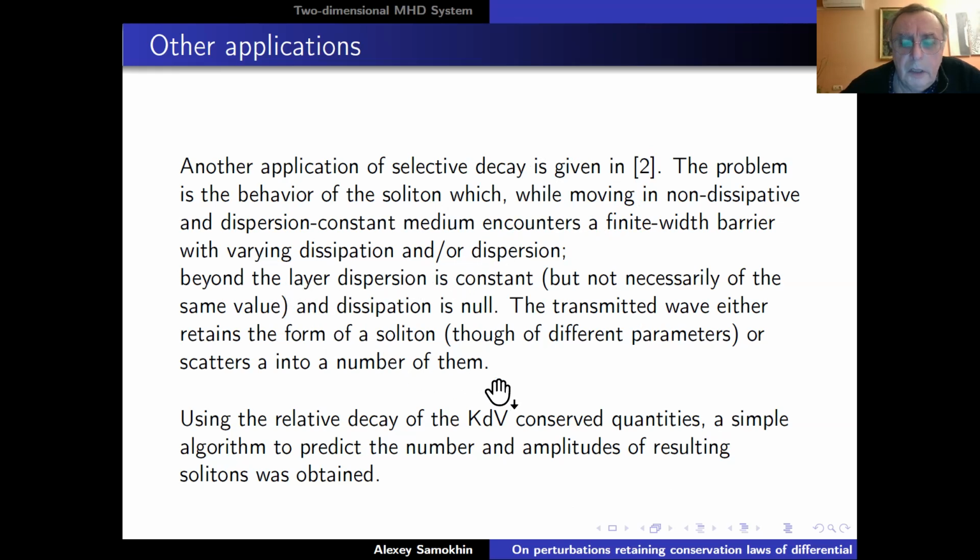Soliton KdV is used in layered, piecewise media, in connection with dissipation and dispersive characteristics of the media. And it is not easy to give a general answer.